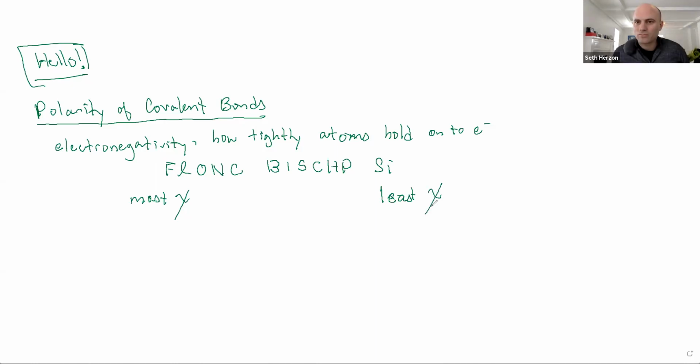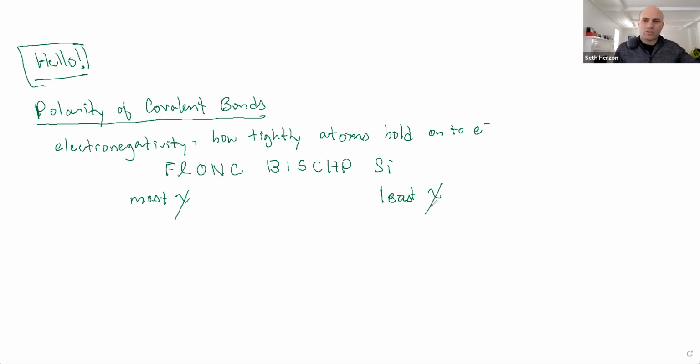So, flunk the bishop, C. Okay. So fluorine, oxygen, nitrogen, chlorine, bromine, iodine, sulfur, carbon, hydrogen, phosphorus, and silicon. Okay. So fluorine's the most electronegative, and then as you work through, you go down in electronegativity.